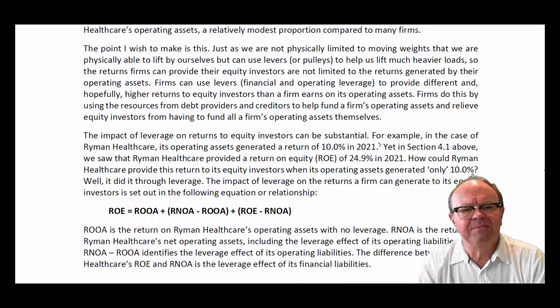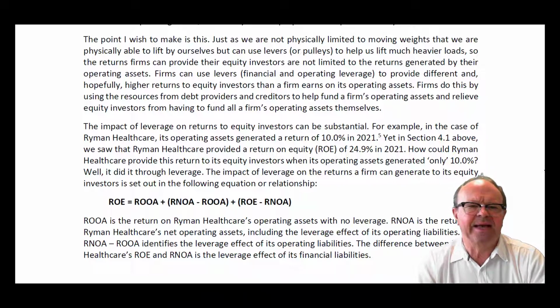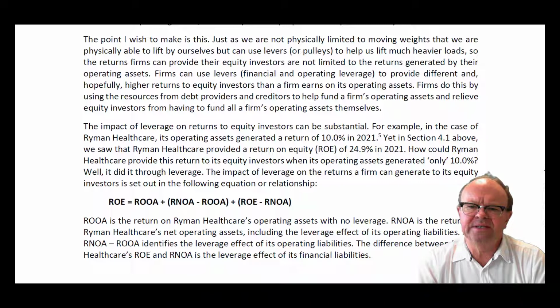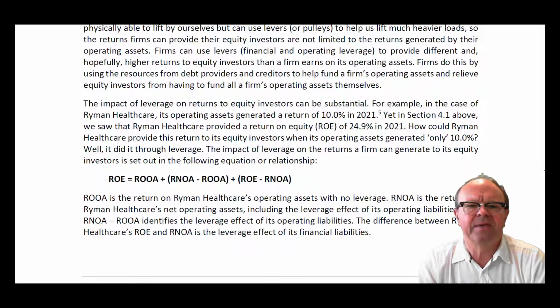The point I wish to make is this. Just as we are not physically limited to moving weights that we are physically able to lift by ourselves, but can use levers or pulleys to help us lift much heavier loads, so the returns firms can provide their equity investors are not limited to the returns generated by their operating assets.